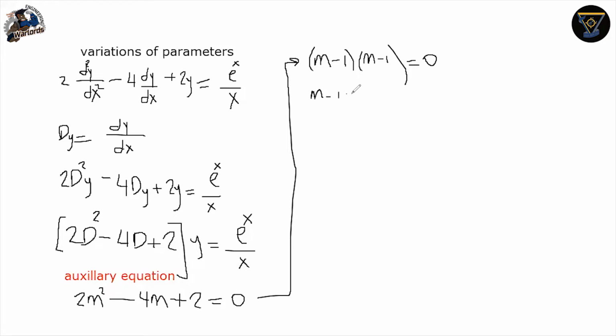So m minus 1 is equals to 0 for here. And for here now, we're going to have m minus 1 is also equals to 0. So over this side, we're going to say that m is equals to positive 1. And over this side, m is equals to positive 1 as well. So what we're saying is that we have two values for m. Let me just bracket it.